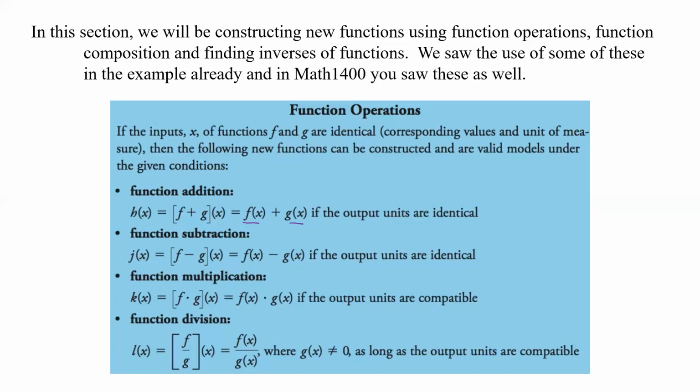When you cancel units, they have to be compatible units, otherwise it's going to end up being gibberish as far as your output units. Now if we do division, f divided by g of x, that's just f of x divided by g of x. Remember, g of x cannot equal 0, or we're dividing by 0. And again, output units have to be compatible.